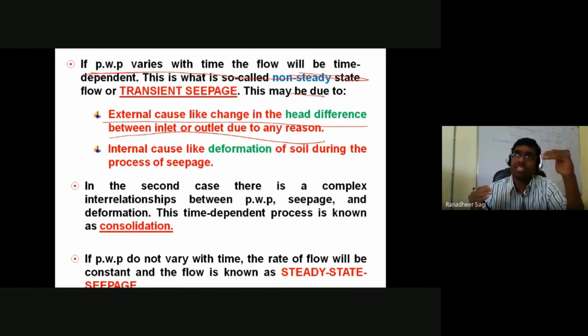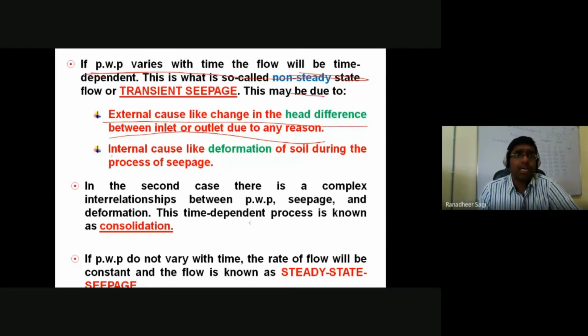If the total head difference is not constant, the hydraulic gradient you calculate is not constant. Then automatically the rate of flow is also not constant, so the amount of flow from upstream to downstream is no longer constant. That's why we say that flow condition is non-steady state.